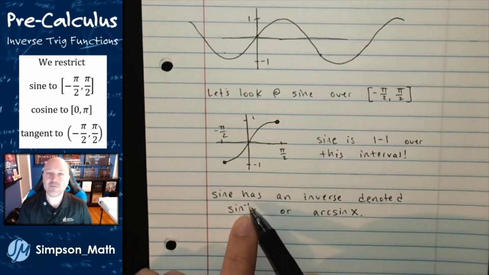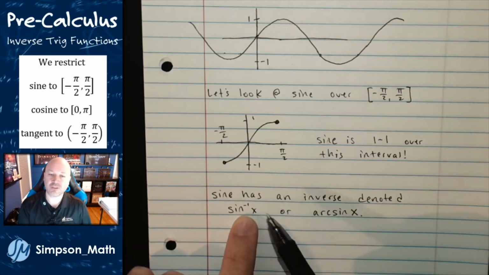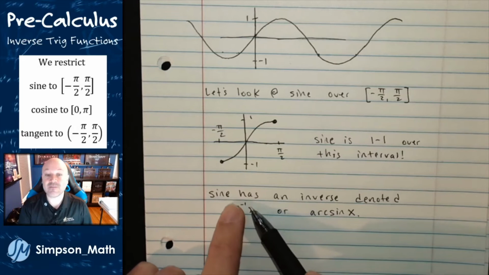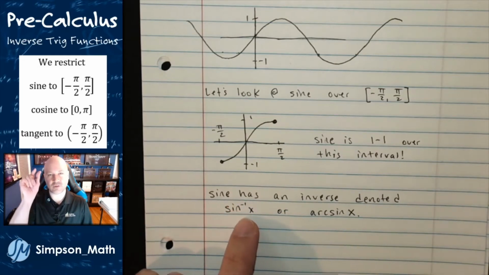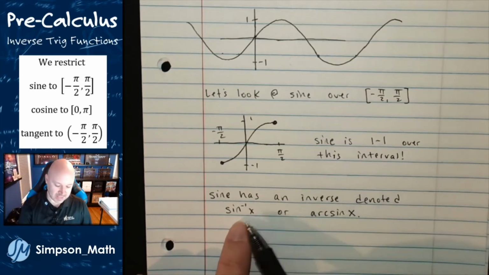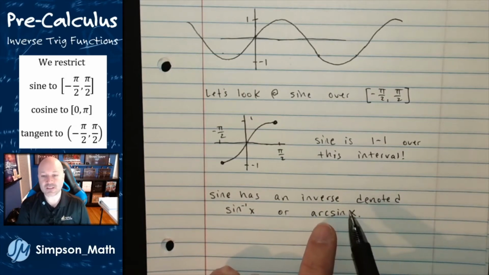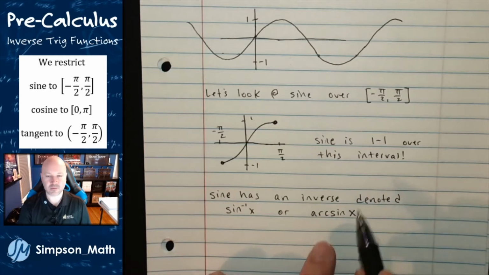One is this inverse notation, which you should remember from college algebra. You would have an f of x and an f inverse of x. It's this weird -1 superscript. It's not the power of -1. It's just a superscript, -1 up there. That's inverse sine. I prefer arc sine. There's no debate here. Everyone knows what arc sine is.